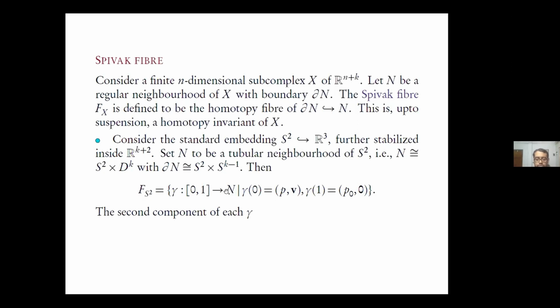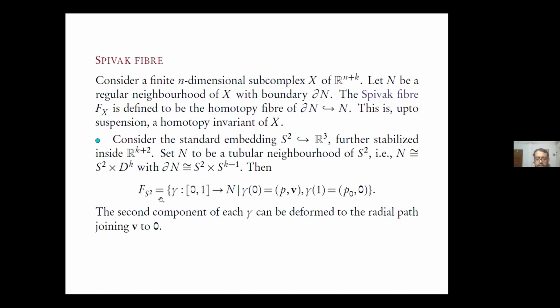So gamma has two components. The first one is gamma 1, which goes from P to P0, and the second one is gamma 2, which goes from V to 0. But for any gamma, the second map, gamma 2, is just a path from a unit vector in S^(K-1) to 0. The collection of such paths can always be homotoped to give you the standard radial map from V to 0, right?